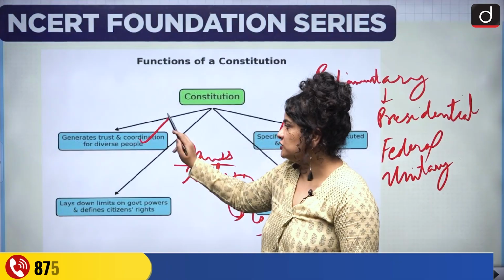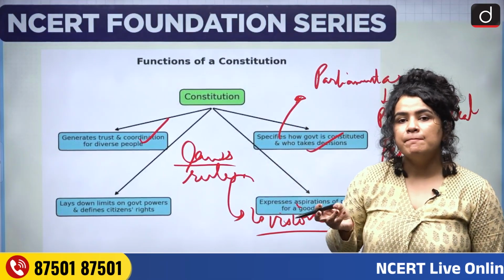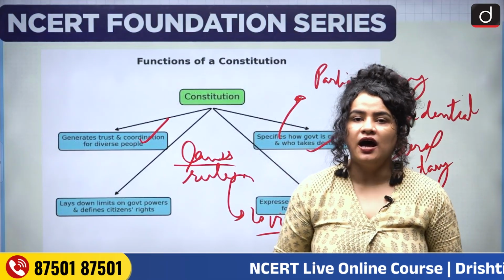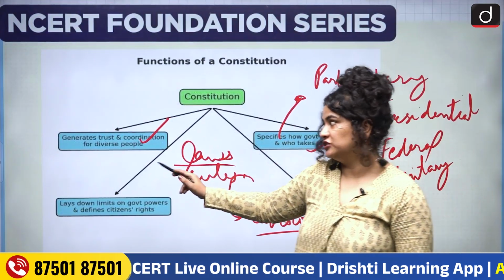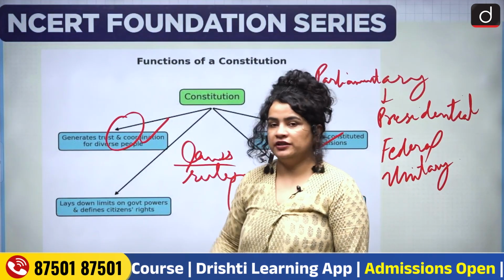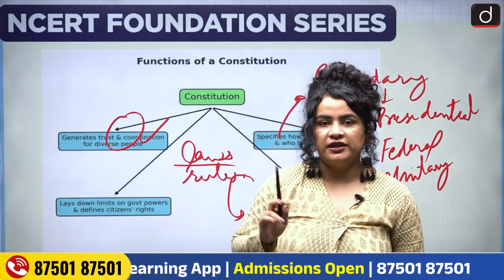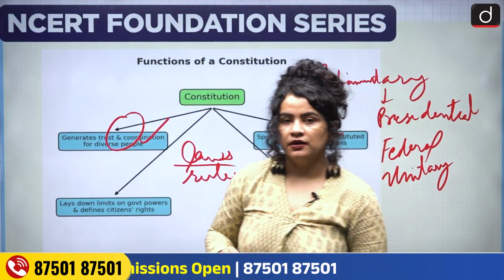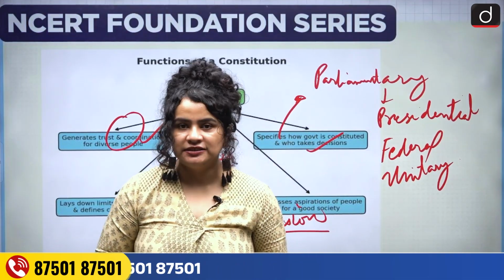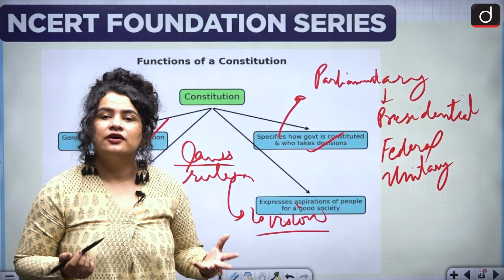Generates trust and coordination for diverse people. Like I said, multiple communities, multiple castes, multiple religions reside in our territory. If we all know that we are subject to the same law, then there is predictability and then there is trust.